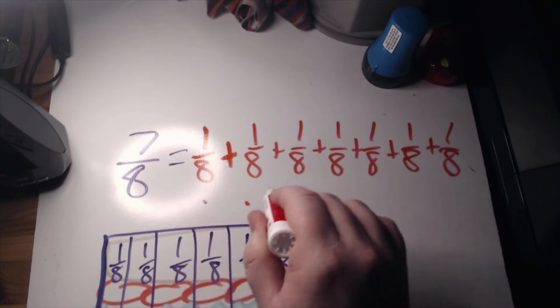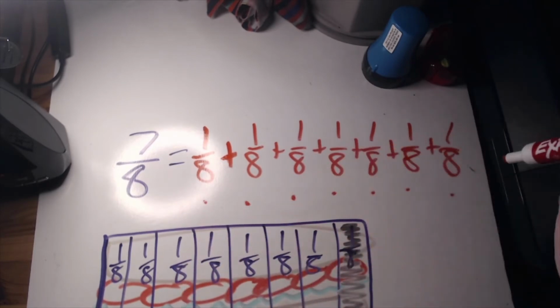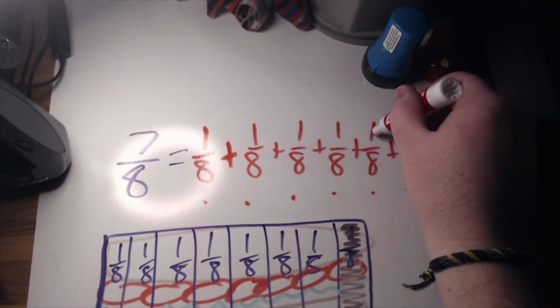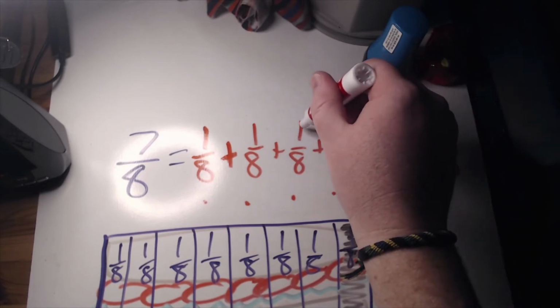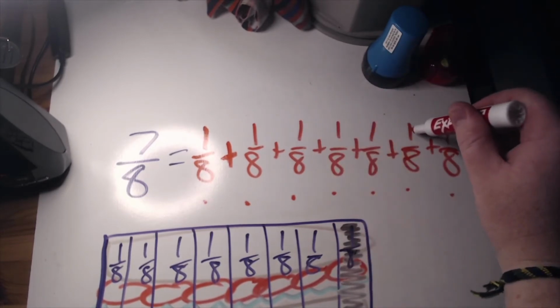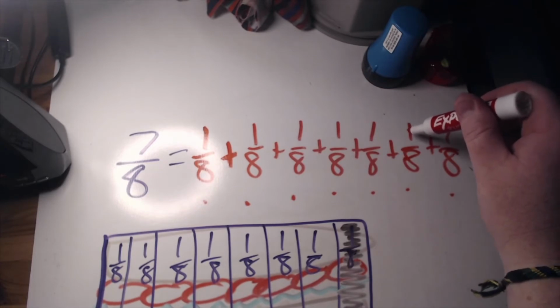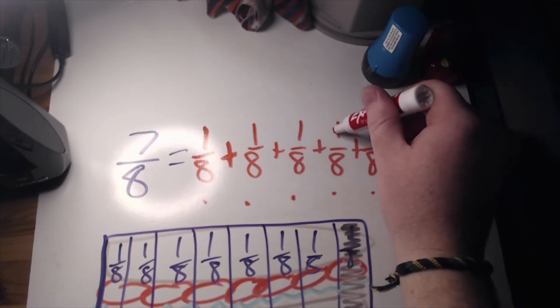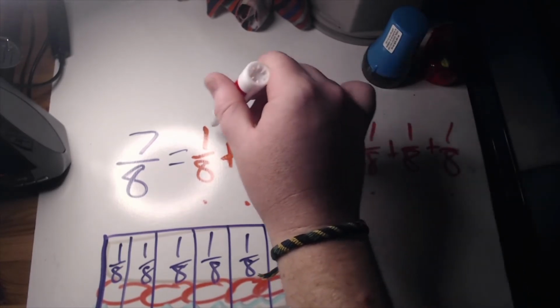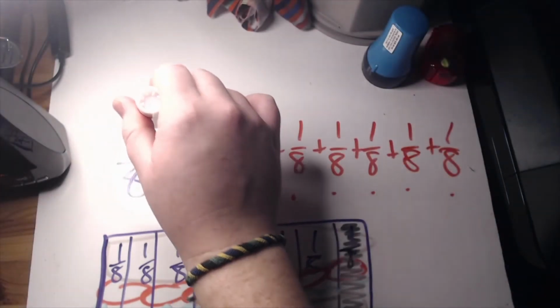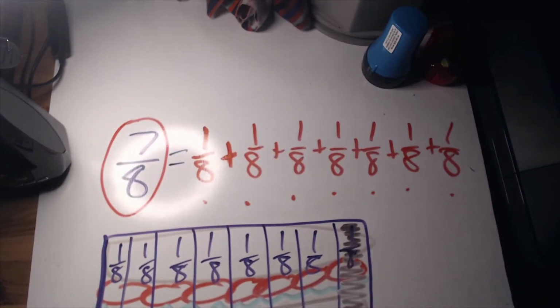Let's check. 1, 2, 3, 4, 5, 6, 7. Sorry. 1 plus 1 is 2, plus 1 is 3, plus 1 is 4, plus 1 is 5, plus 1 is 6, plus 1 is 7. So we do have 7/8.